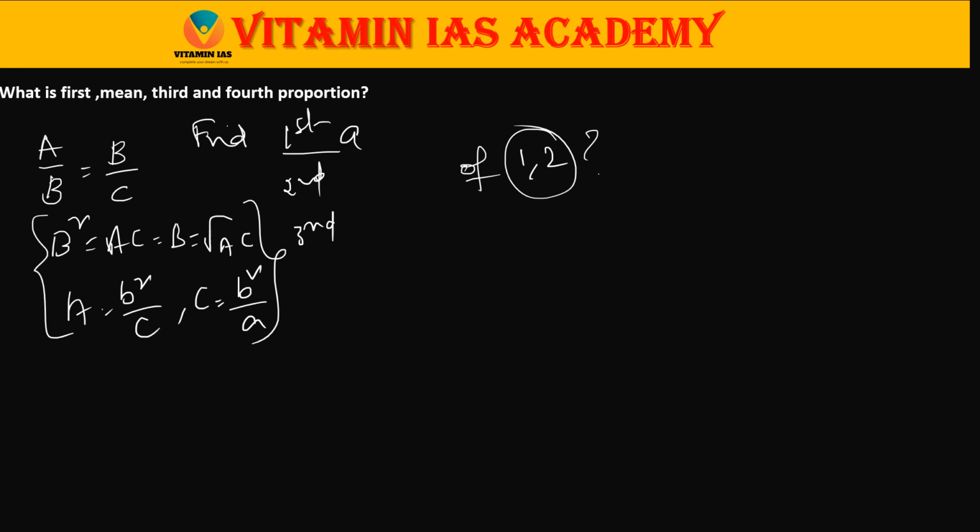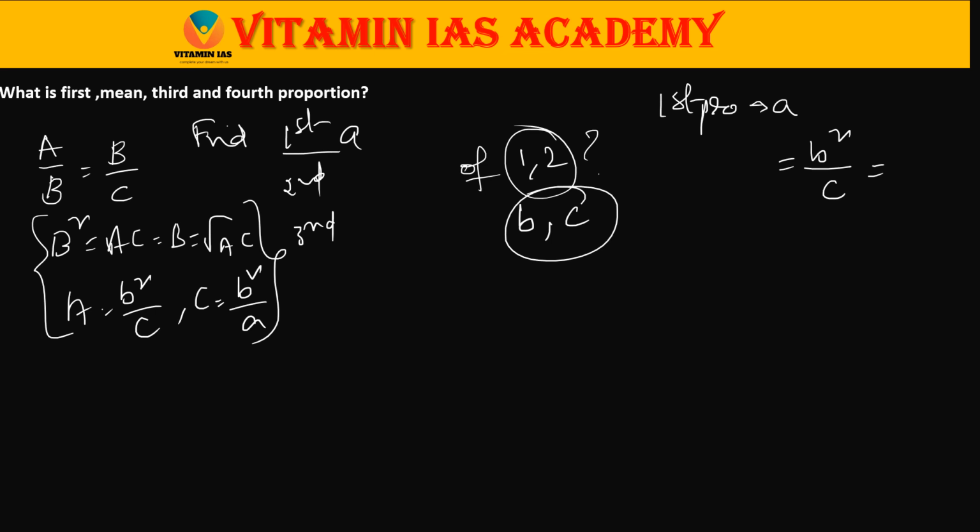So here they want the first proportion, nothing but A. So I told you already, if they want A, then please don't mention A here. Start from B. B, C they gave. So A is equal to, what is the formula here? A is equal to B square by C.